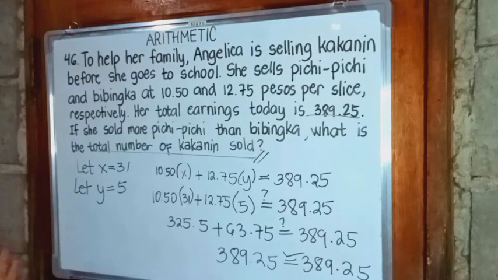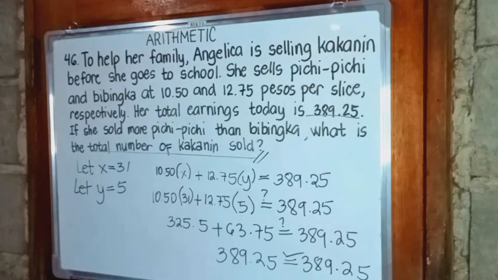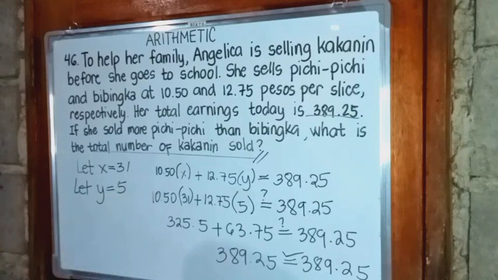It means that the total number of pichi-pichi sold in that particular day by Angelica is 31 pieces, and the number of bibingka sold by Angelica is 5 pieces.